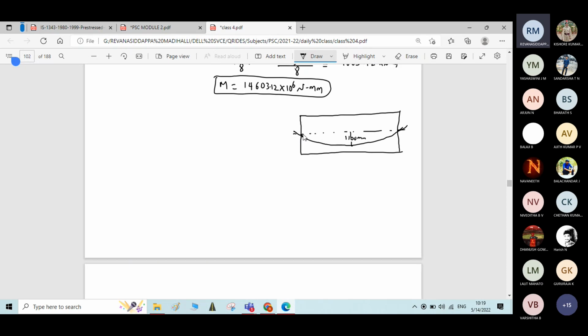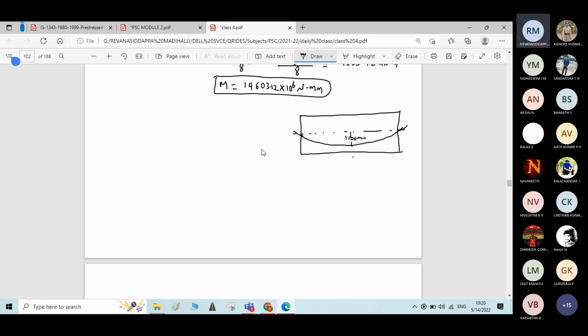Correct. So in case of parabolic cable, we will calculate FC at the midspan. Then we'll also calculate FC at the support where eccentricity is 0. Knowing both the stresses at support and the center, we will calculate the average FC.